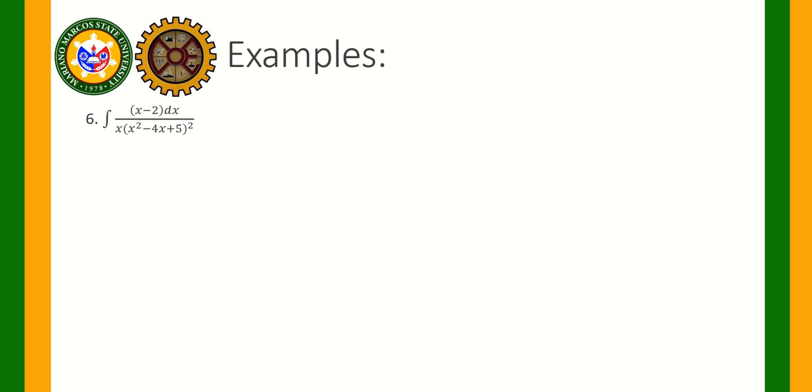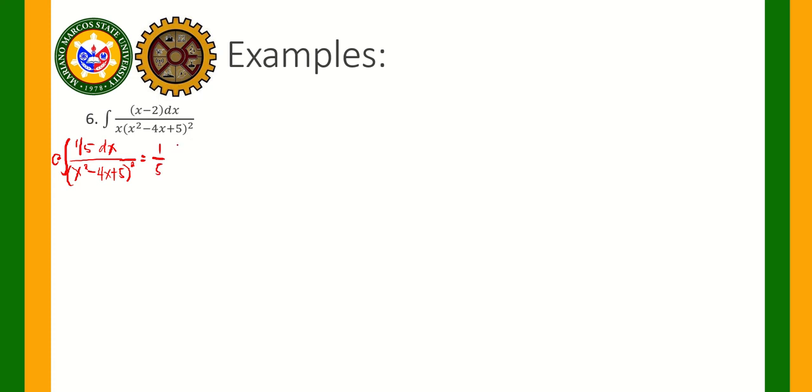Now, for our fifth term, the integral of 1 over 5 dx all over x squared minus 4x plus 5 quantity squared. Okay, so we can isolate the constant.